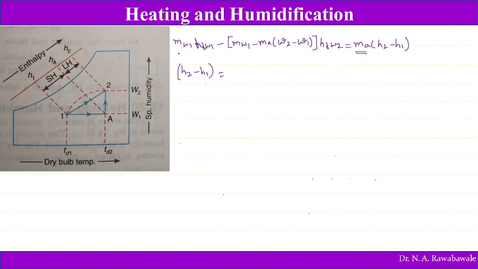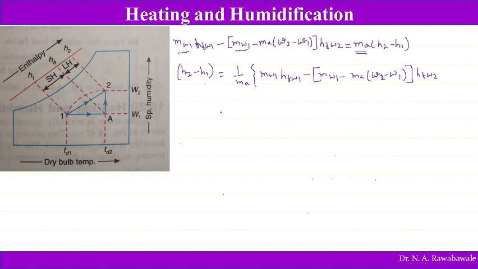MW1 is taken common, and if we simplify, we can rewrite this equation as 1 over MA, in bracket MW1 HFW1 minus MW1 minus MA, omega 2 minus omega 1, in bracket HFW2.